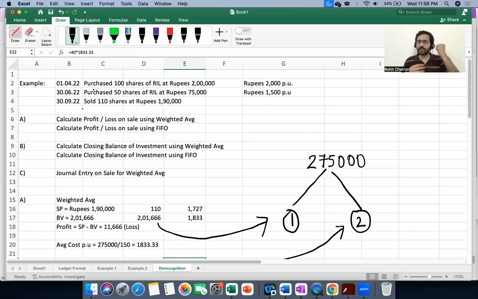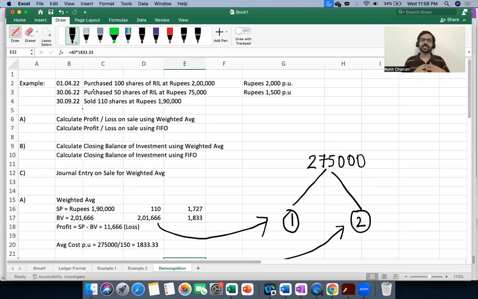I'm recognizing an investment of 2 lakhs. On 30th June, I purchased shares in Reliance at 75,000, so I will again do investment in Reliance debit 75,000 to bank account 75,000. So the purchases journal entry is very clear.